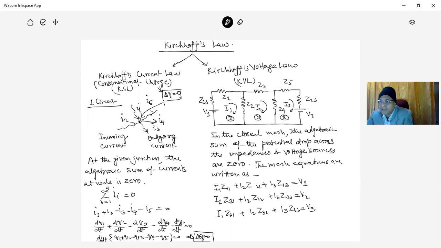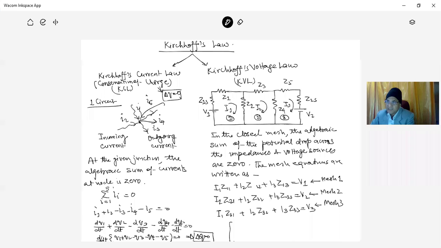So these are three currents and three meshes. Here this equation is mesh 1, this is mesh 2, and this equation is in mesh 3.